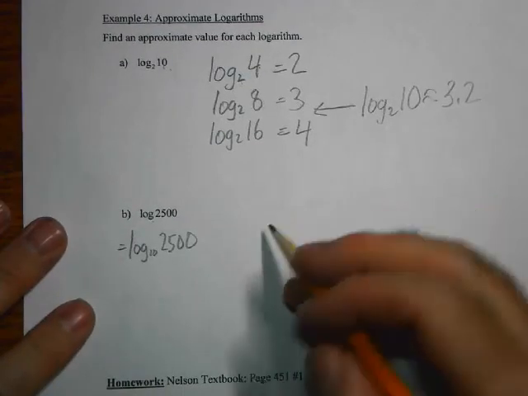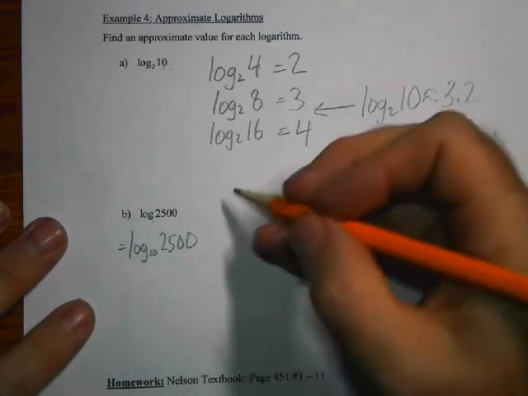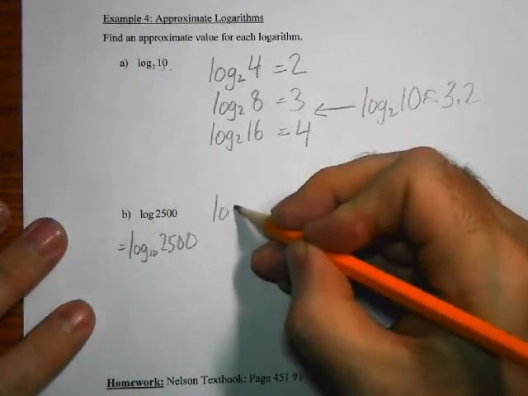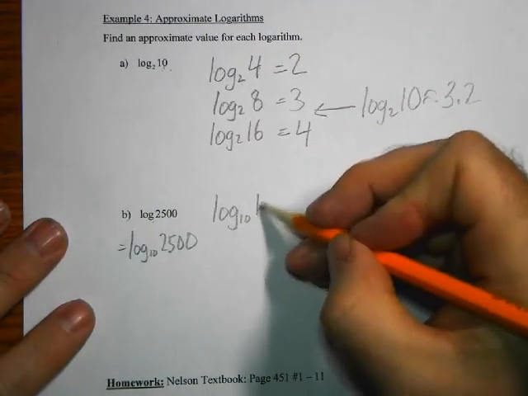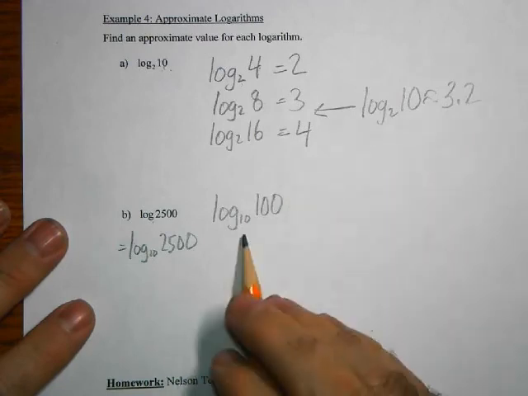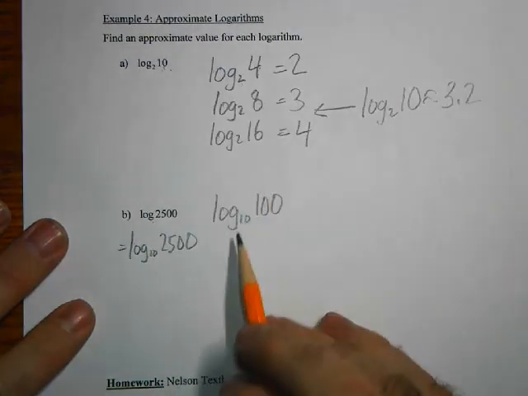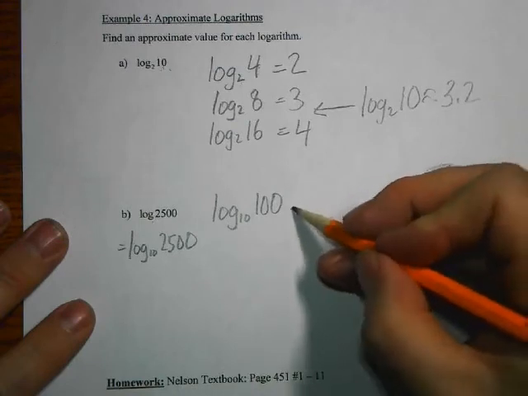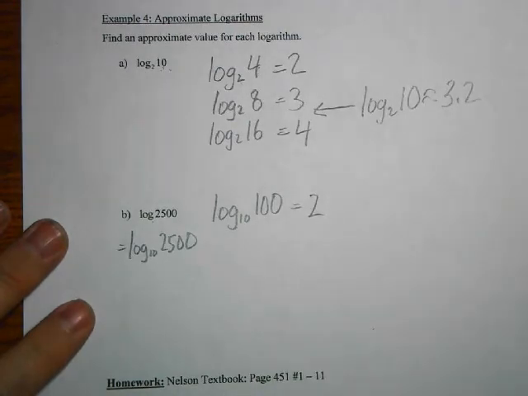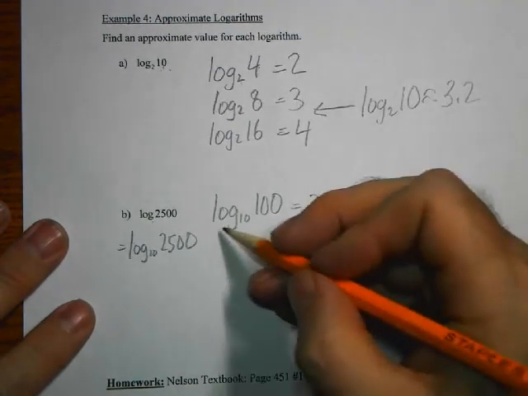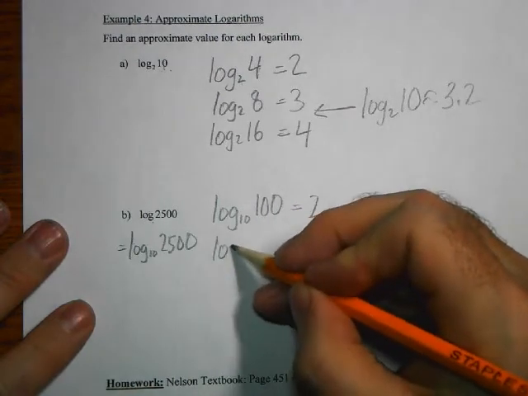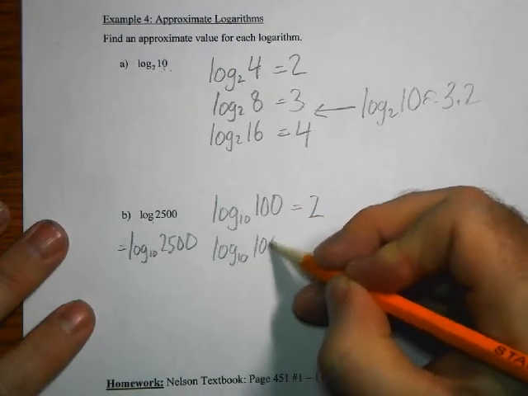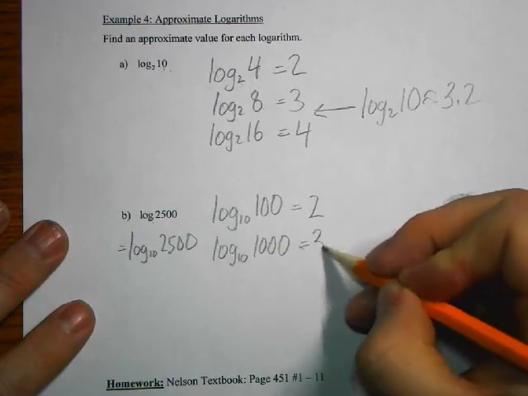So what log base 10 numbers do I know that work? Well, I know for 100, log base 10 of 100, 10 squared would give me 100, so the log would be 2. If I multiply by another 10, that would be 1,000. Log base 10 of 1,000 is equal to 3.